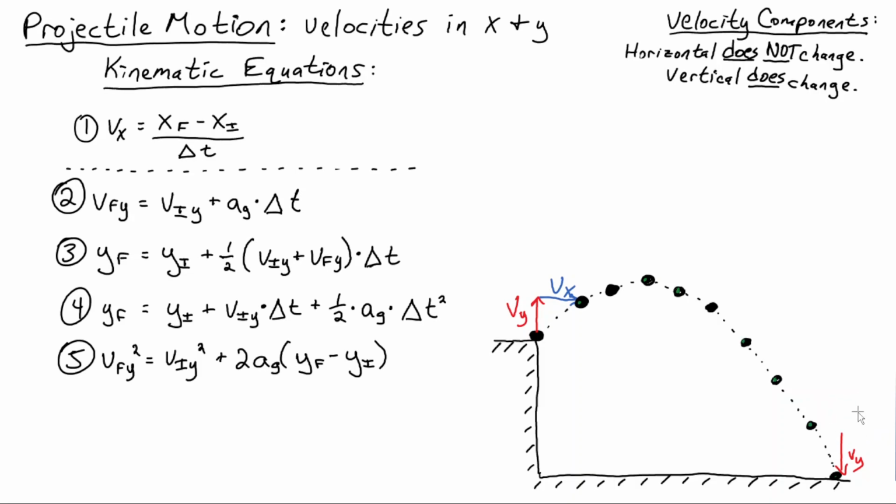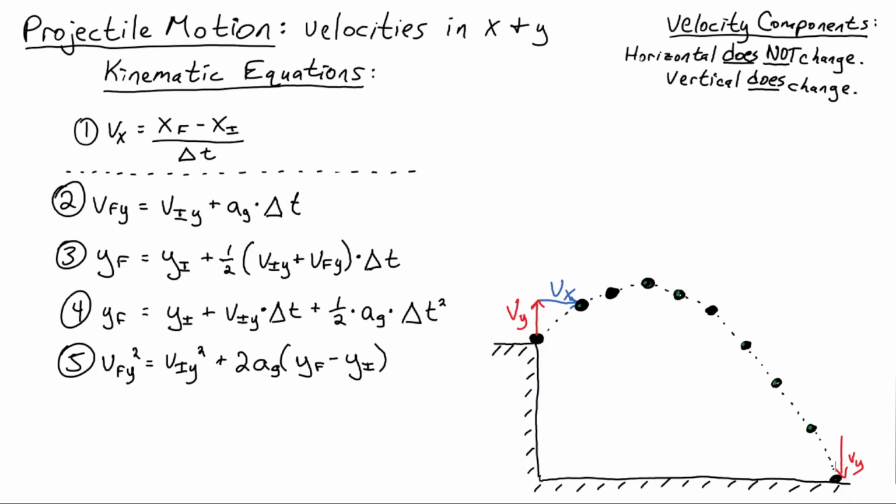Okay. So one of the quantities that we could be calculating for, or maybe it's a piece of given information, is our velocity in the x direction, or possibly the velocity in the y direction.